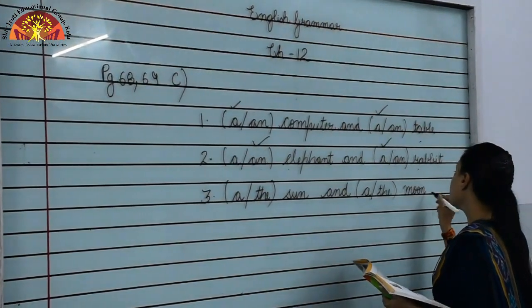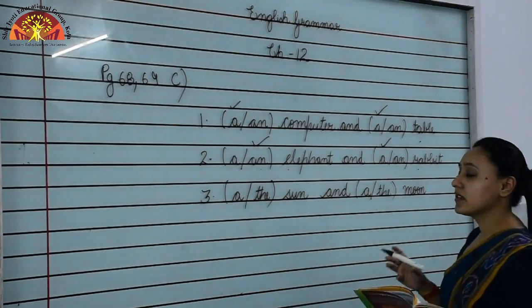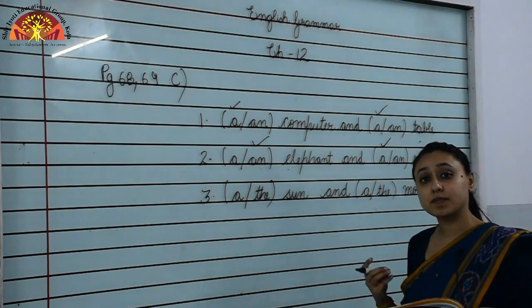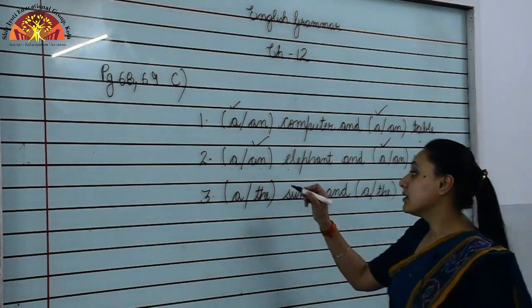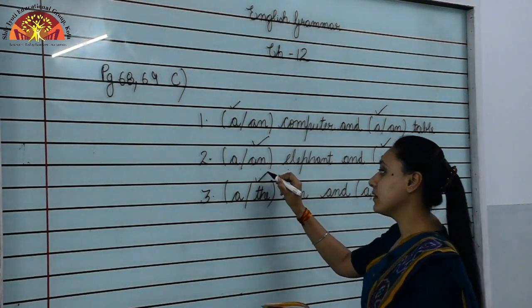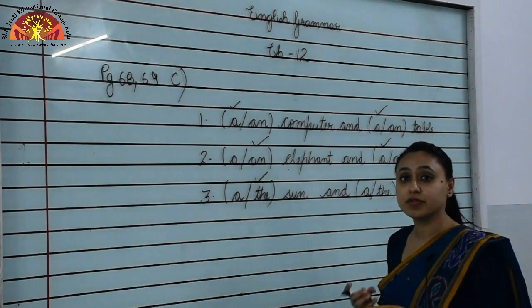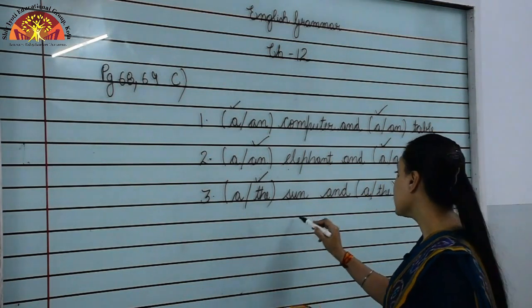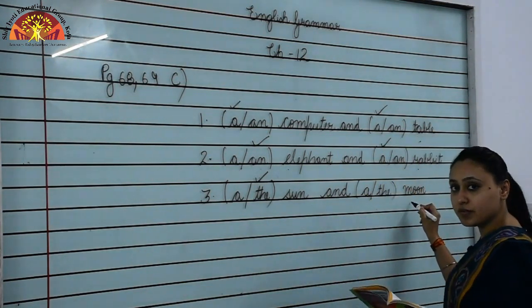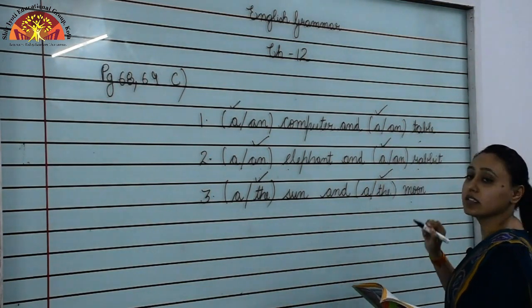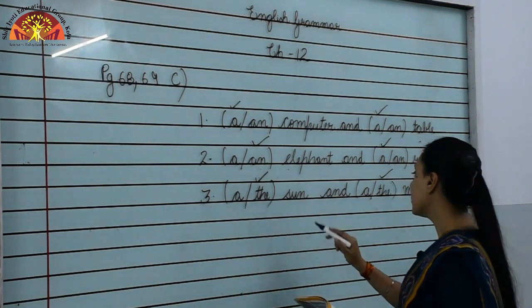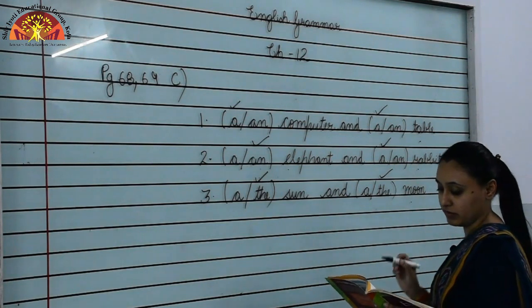So children, sun, moon, stars, earth, these all are universal objects. Here we are talking about specific things, so we use the before them. We have learned that whenever we talk about universal objects, we use the before them. So the sun and moon are also universal objects, so we will choose the here. So the sentence is the sun and the moon.